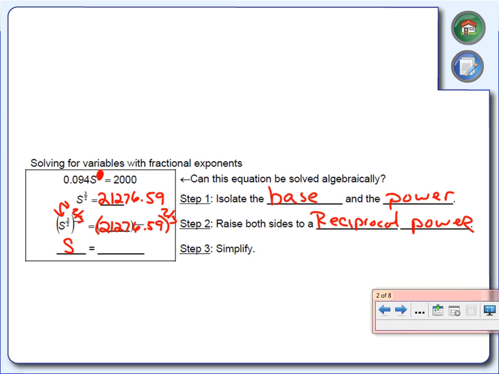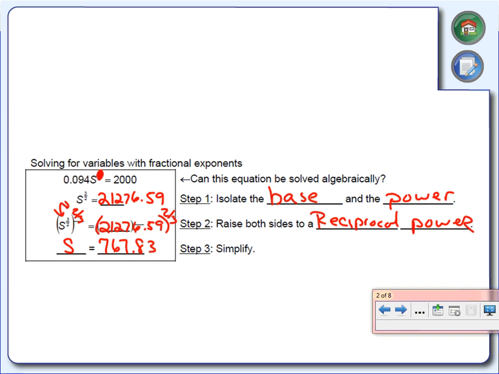Remember, we just said, whatever we do to one side, got to do to the other. So go to your calculators for me again, and do 21,276.59, and raise that to the 2/3 power. Use your caret symbol. 767.83. So we just simplified.